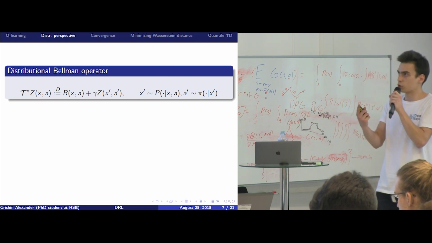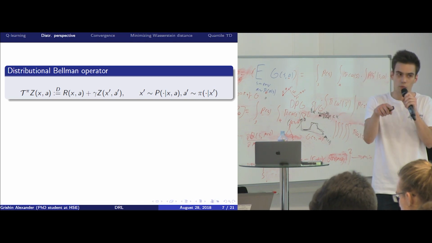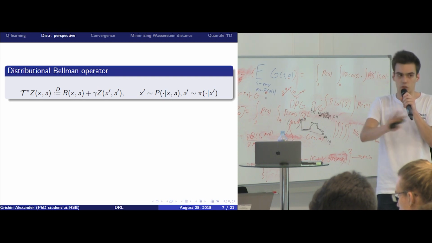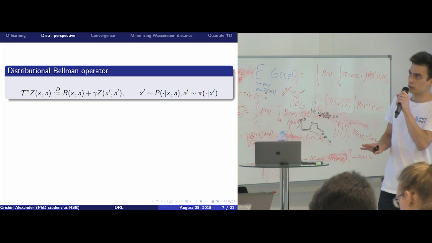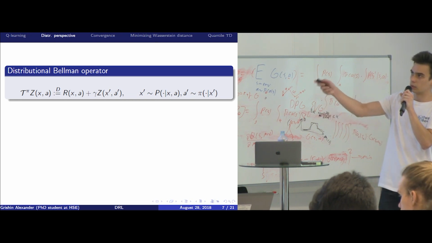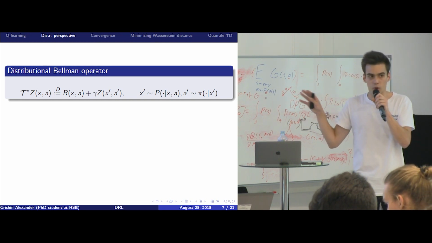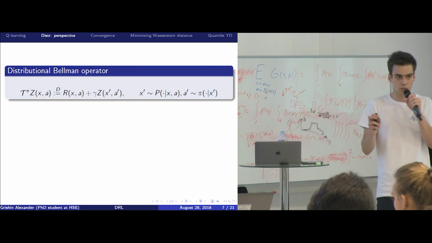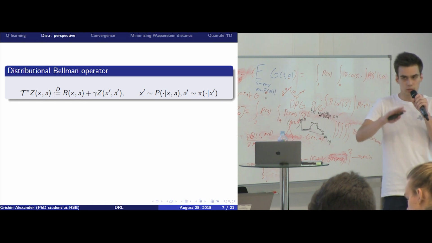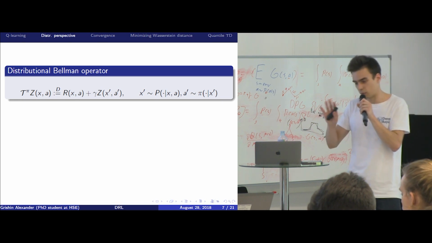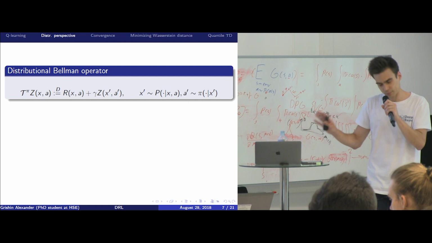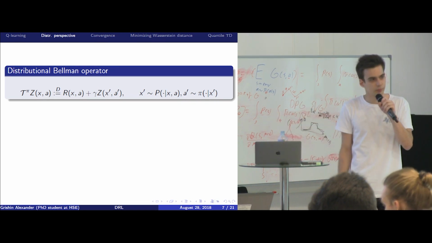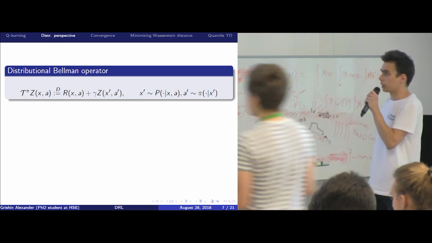This is a distribution on each pair of state action. It can be just random, and after repeatedly applying this operator, we will eventually converge to the right value distributions. But why, I will prove on the following slides. Okay.